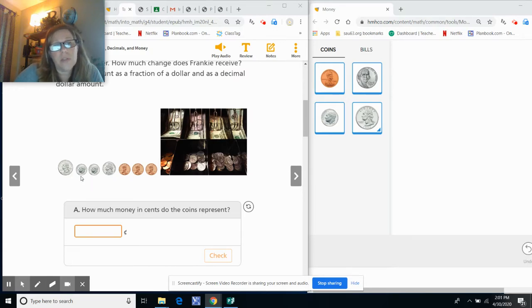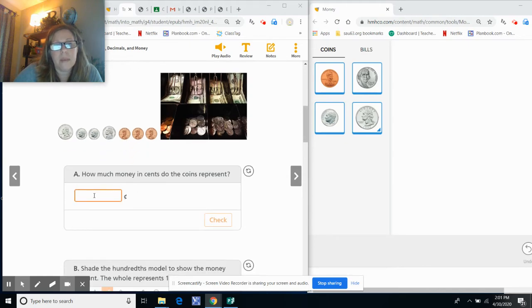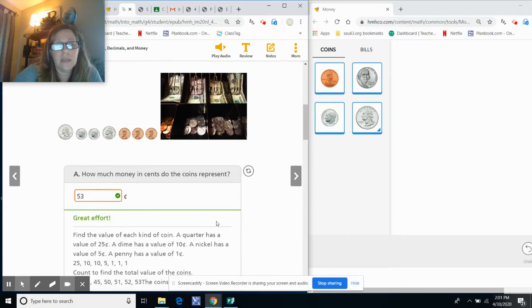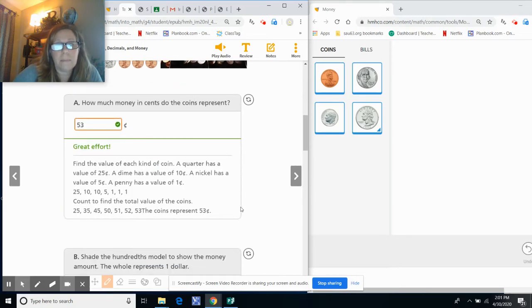The dimes are worth 10 cents, and our nickel is worth 5 cents. So adding the 25 and the 5 gives us 30, 40, 50, 1, 2, 3. So it's asking how much money in cents do the coins represent? So if you said 53 cents, you would be correct.